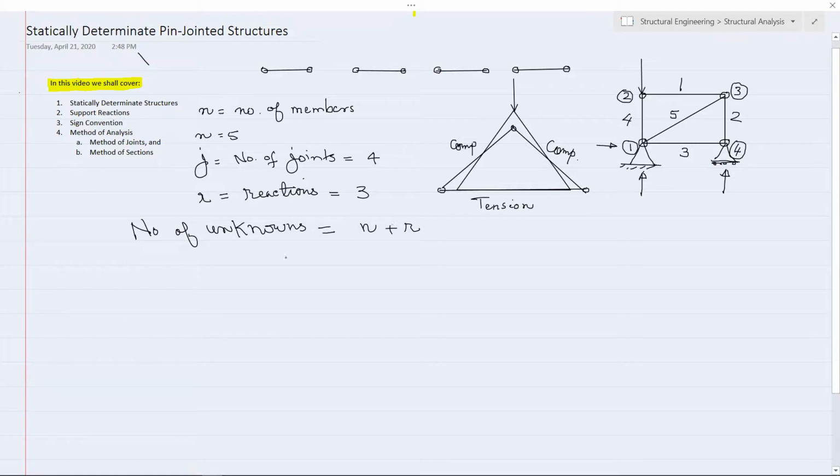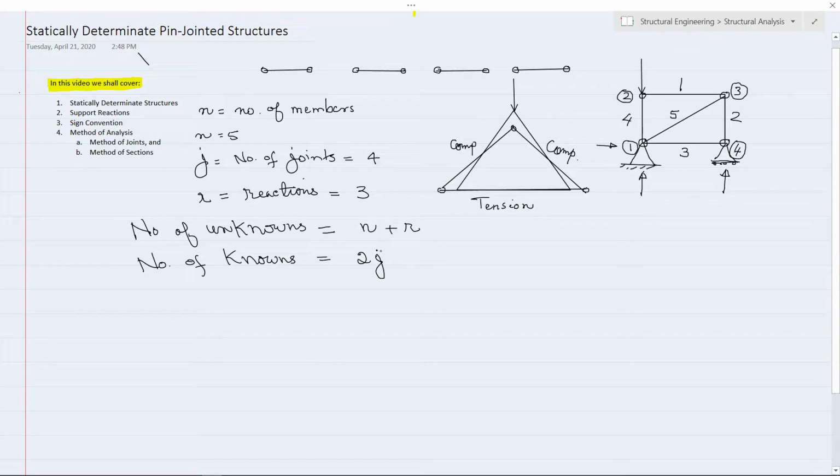And how many knowns do we have? Every joint can have two equations, that is sigma Fx equals 0 and sigma Fy equals 0. So we can say that the number of knowns should be equal to two times the number of joints.